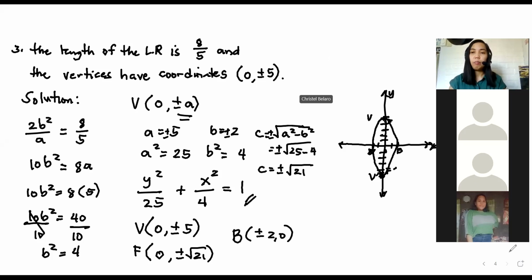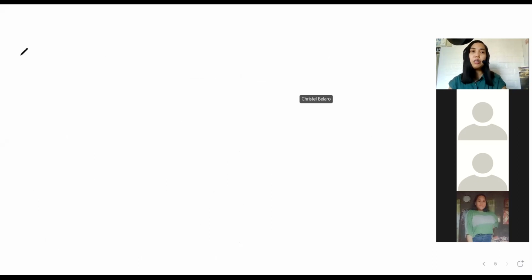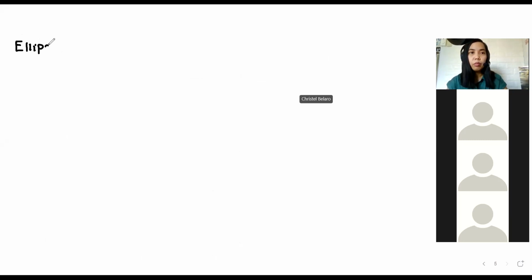Of course, meron din ditong center at HK. With center at HK.